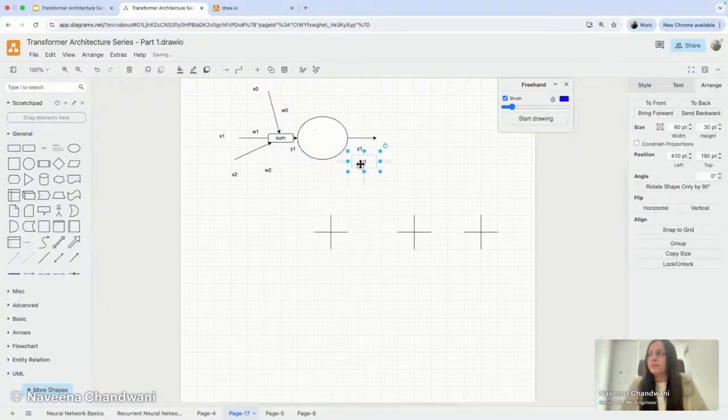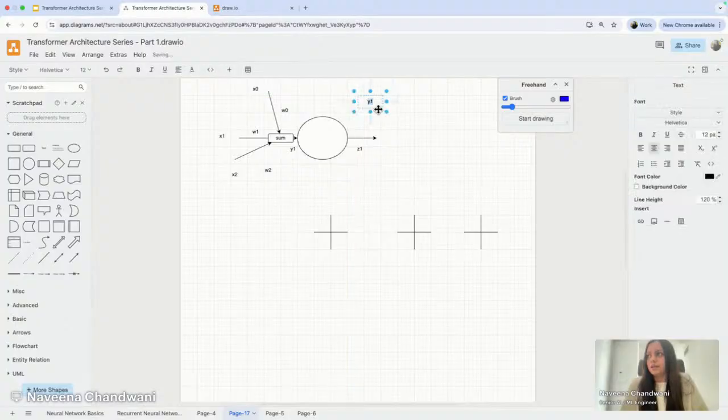And so y1 is linear in these terms, and it can be represented as x1 times w1 plus, so like the weighted sum of all these terms that we see here.